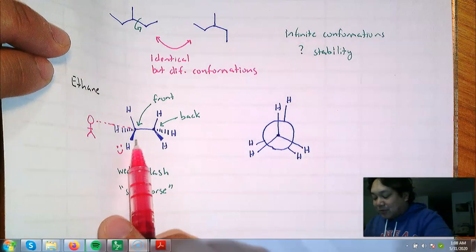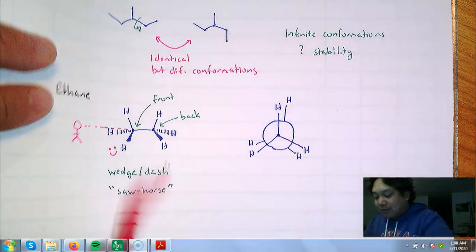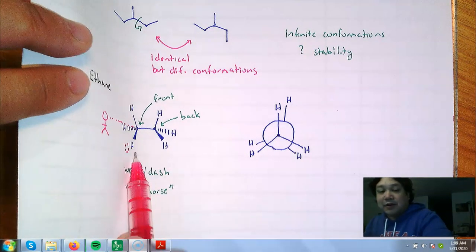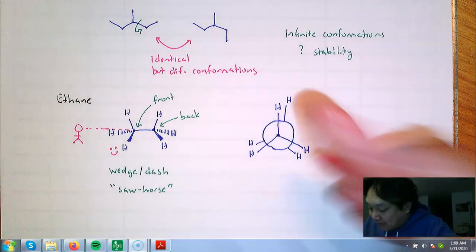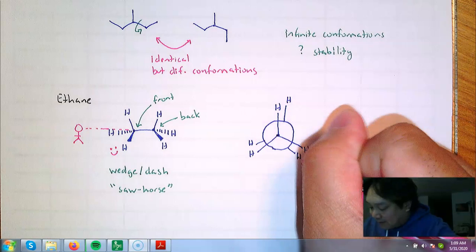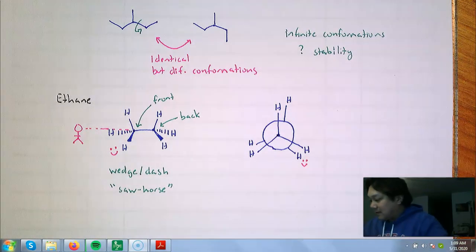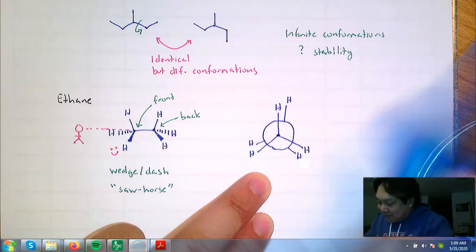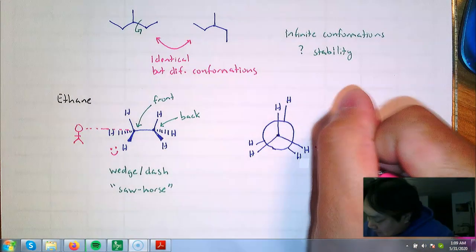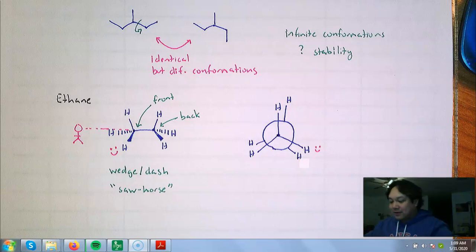See, that H was towards us, but from the pink person's point of view, it's to their right. To their right. And it's on the back carbon. Your smiley face is here. Oh, no. It's on the front carbon. Front carbon. Yikes.